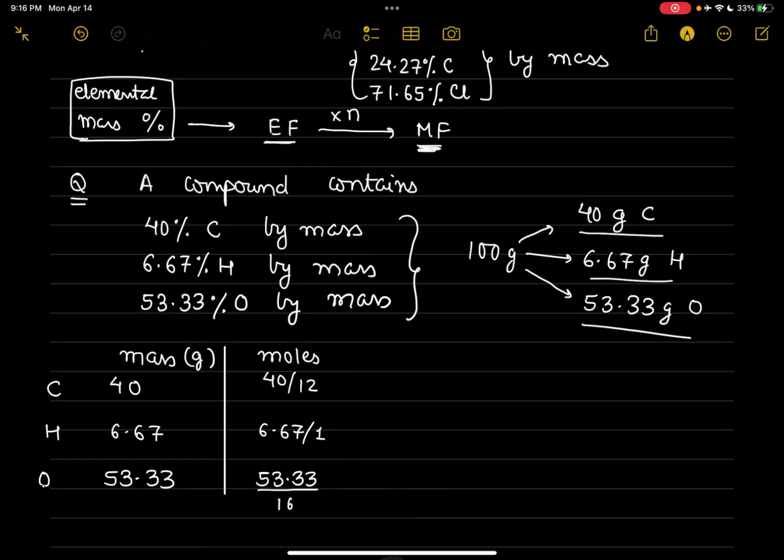What value are you getting over here? 3.34 mole for carbon.